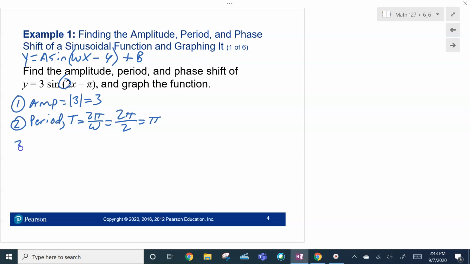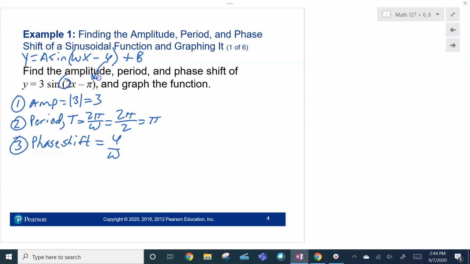Now, number 3 is our phase shift. That's a nice point we want to look at. In other words, instead of starting at 0, 0 for your sine function, it's shifting it right or left, and that's your first point you want to start at. The phase shift is defined as phi over omega.